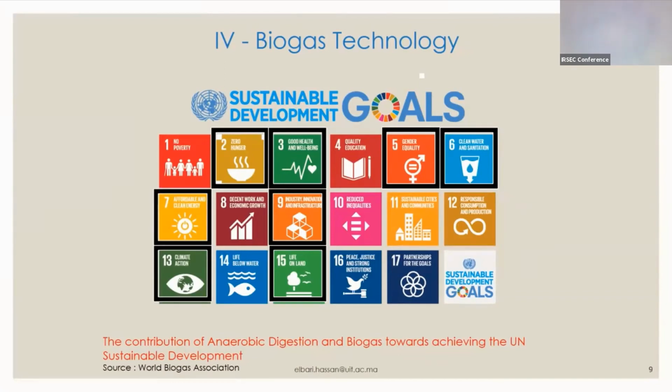Among the 17 goals, biogas technology or anaerobic digestion process can impact the second goal, zero hunger, the third goal, good health, 5, gender equality, 6, clean water and sanitation, number 7, affordable and clean energy, number 9, industry innovation, number 13, climate action, and number 15, life on land.